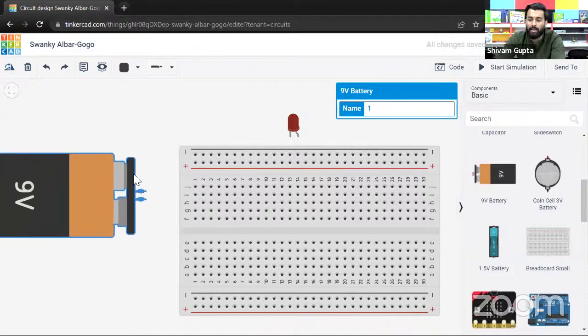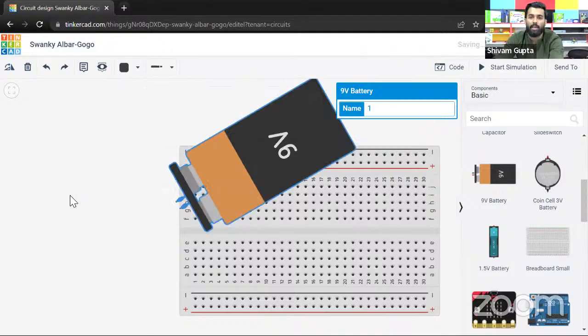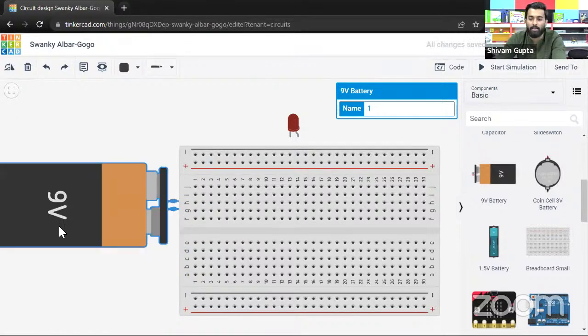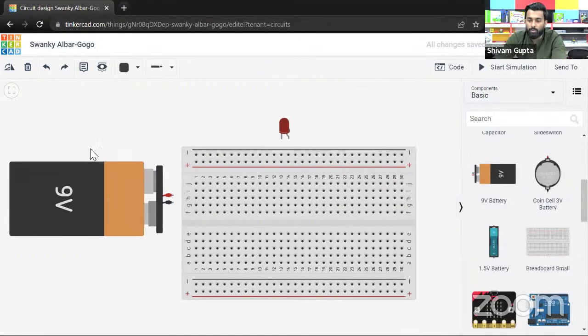So like this, we can rotate it. Okay. So for rotating a component, you can click here, or even you can just click on the component and you can press R. So like this, you can rotate it by pressing it again and again. Okay. So here, this is the battery, right?